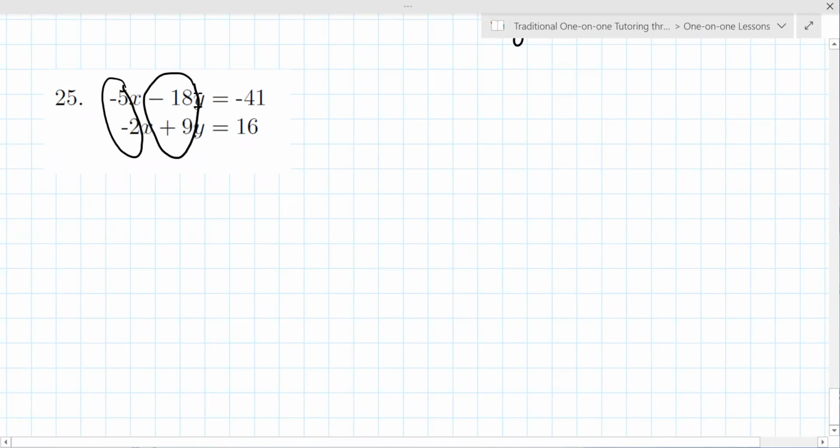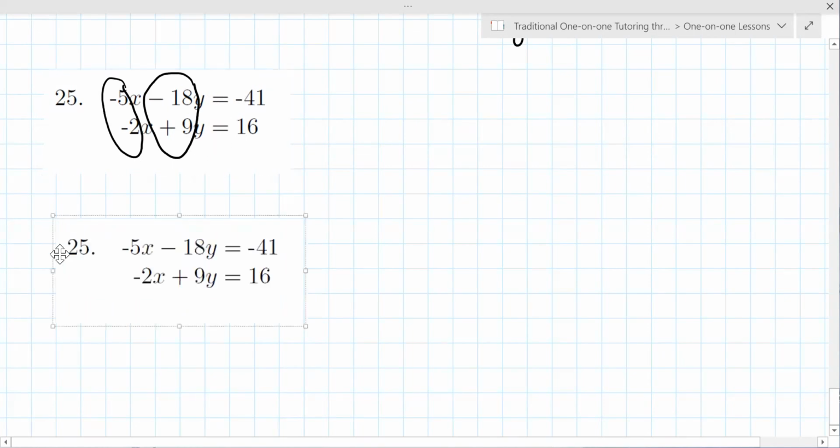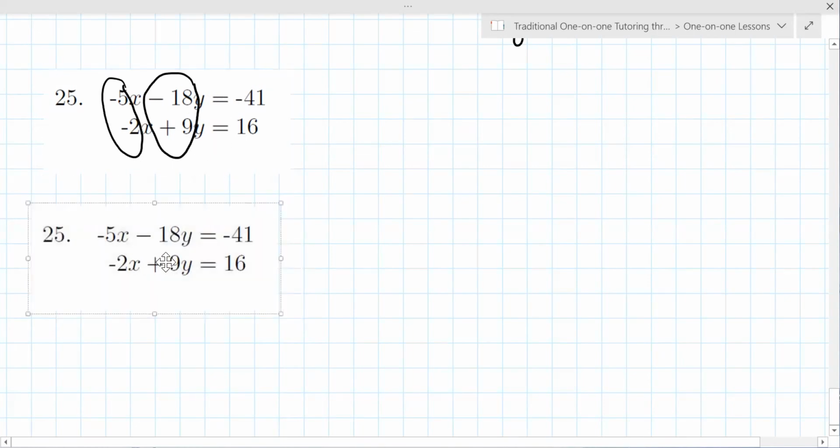Yeah, 18 is a multiple of 9, which means that we really want to do something with that second equation. And even, and I didn't point this out in the first example, you really want them to be opposite in sign. You know, one's minus, one's positive. That really helps you here. So if you multiply the second equation by 2, again, that gives you minus 4x plus 18y equals 32.